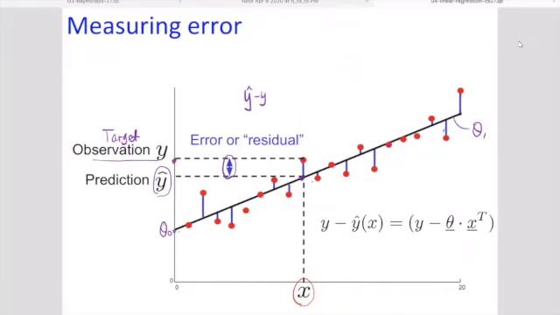For each one of them, I use this notation: this is my target value for the i-th sample, and this is my predicted value for the i-th sample. I take the difference of them, that's the residual. Because I care about the absolute size of the residual instead of the sign, I take the square. So this measures the overall error corresponding to the i-th sample.